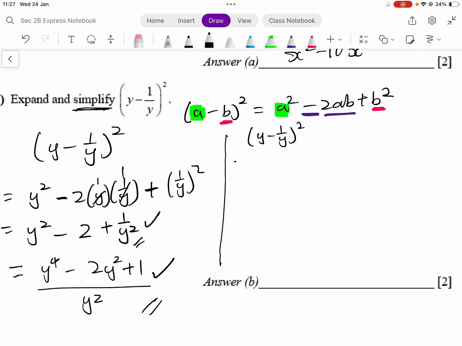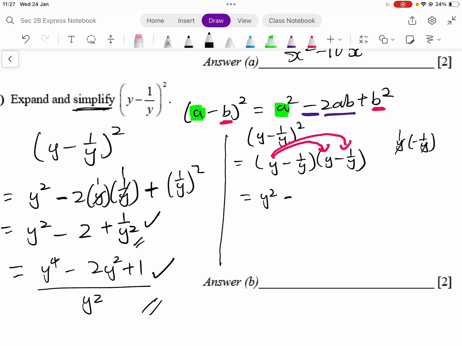Okay, so y minus 1 over y, times y minus 1 over y. So what you do is, if I were to use the rainbow method, which is the same as the long method, I take y multiplied by y, multiplied by minus 1 over y. Y times y is y squared. Y times minus 1 over y is minus 1.